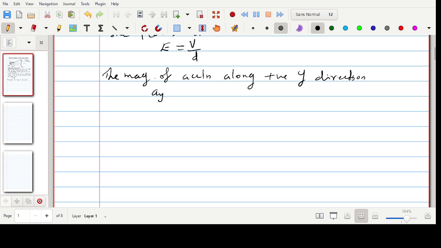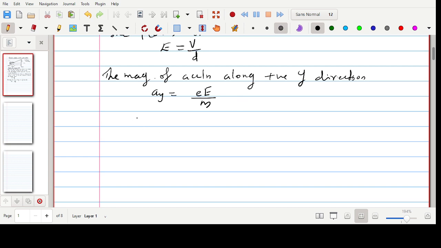So ay equal to force is QE. Here electronic charge is e, magnitude we are taking. So e E by m, force by mass, we will get the acceleration.